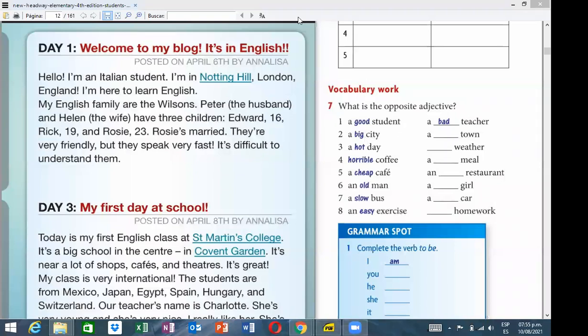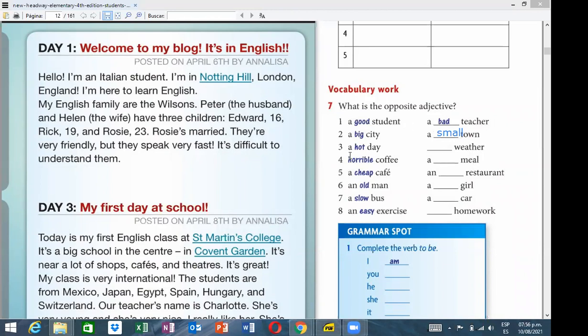What's the opposite? Small. A small town, excellent. Yes. Complete, everybody. A small town in that case, right?